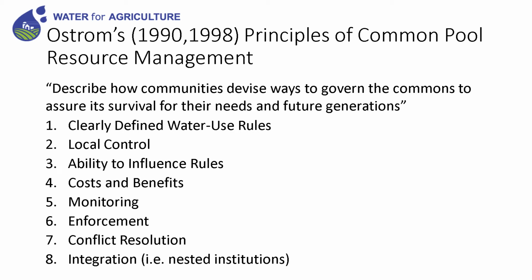There are 8 principles, starting with clearly defined water use rules, local control, and also local ability to influence the rules. Benefits must outweigh cost, and there are adequate mechanisms for monitoring and enforcement of the rules, as well as mechanisms to resolve conflict, and the governance is integrated or involves nested institutions.